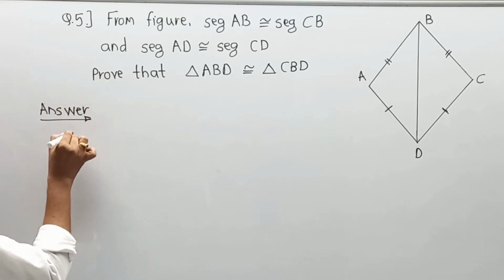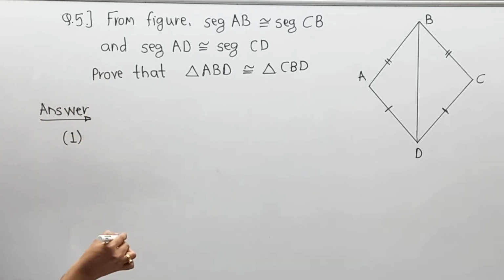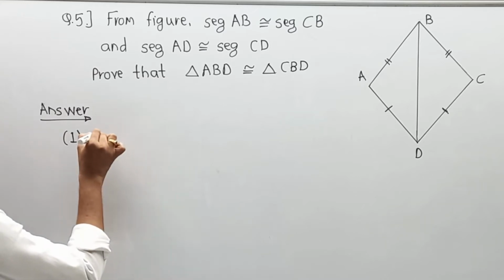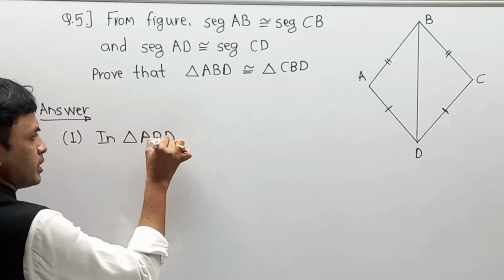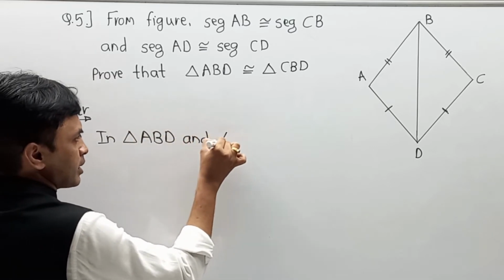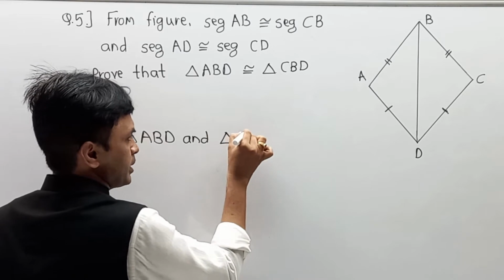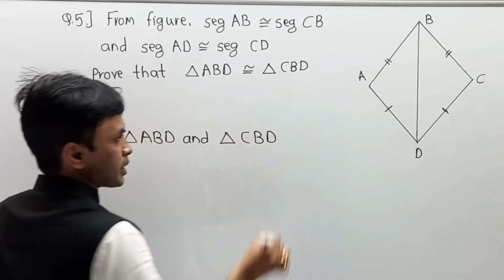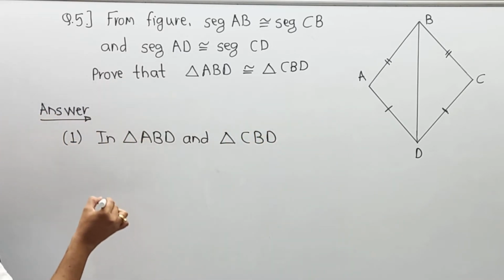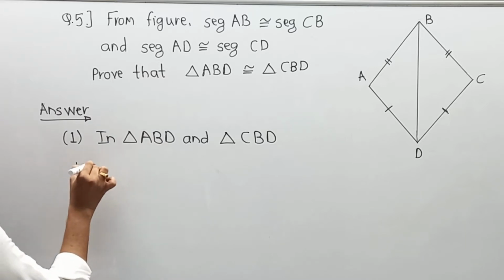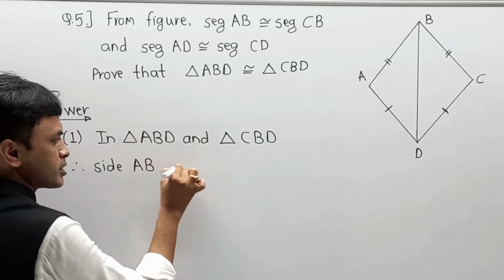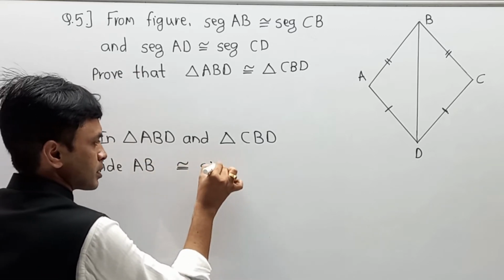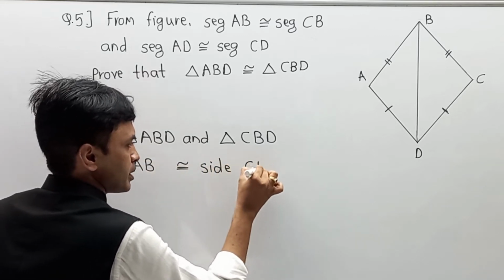So part first, in triangle ABD and in triangle CBD, here AB is congruent to CB or side AB is congruent to side CB.